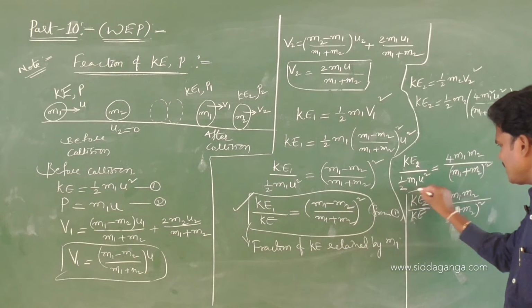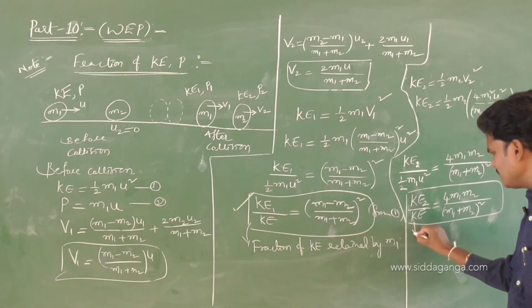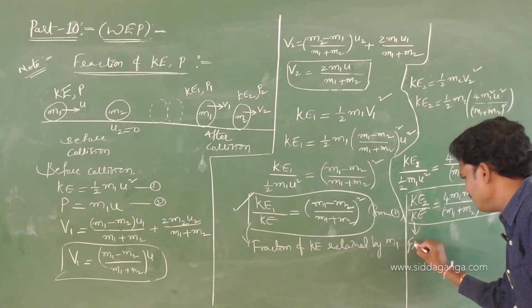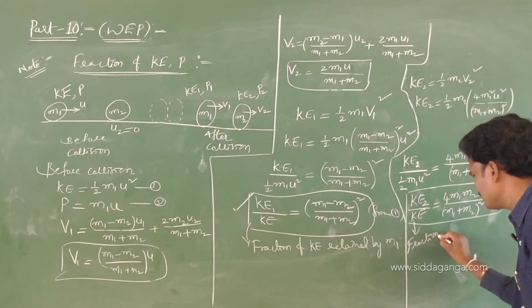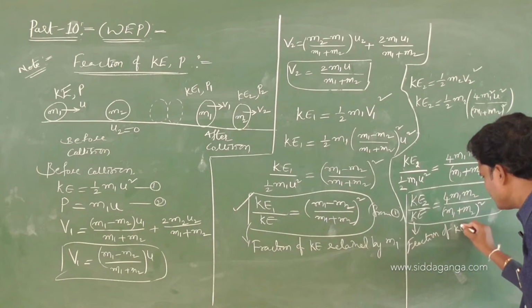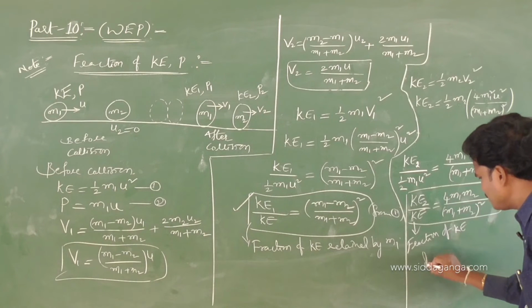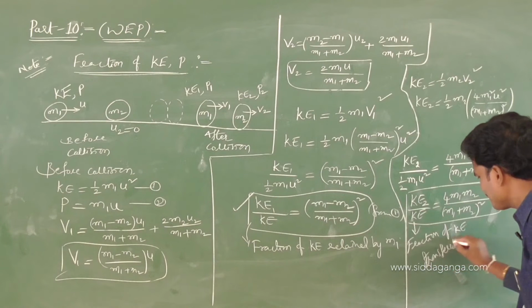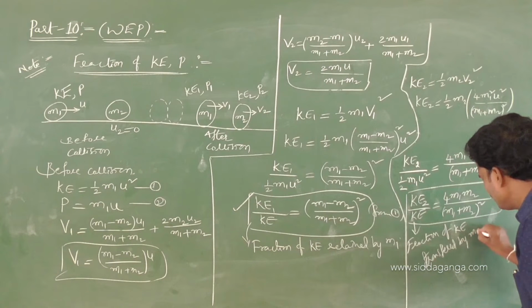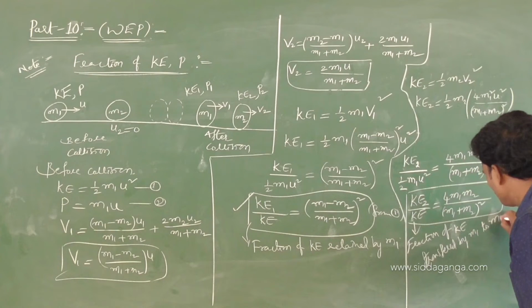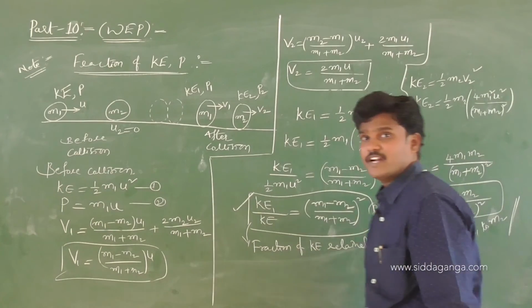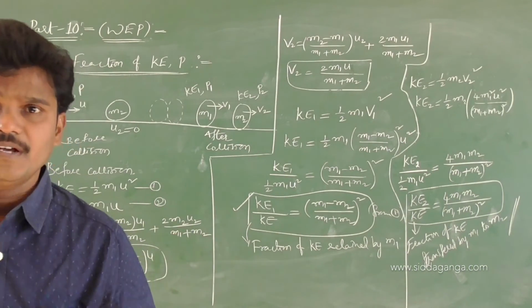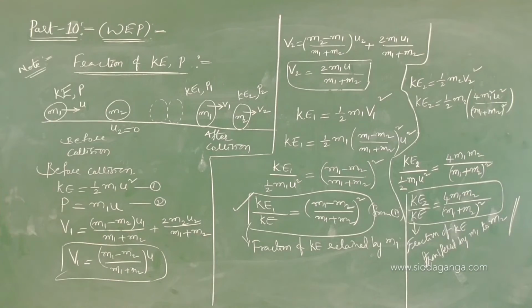And this KE2 by KE1 is called the fraction of kinetic energy transferred by m1 to the m2. So I am getting fraction of kinetic energy transferred by m1 to the m2.